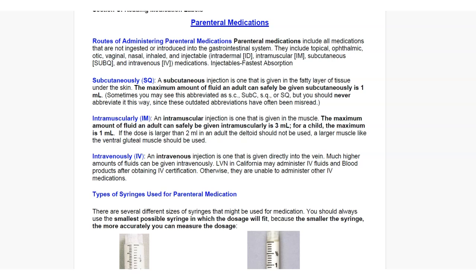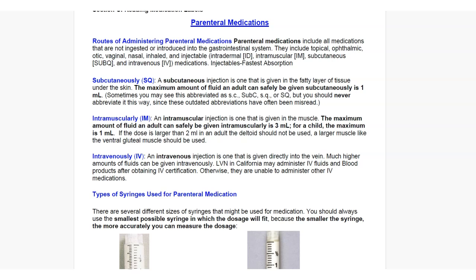They include topical, ophthalmic, otic, vaginal, nasal, inhaled, injectables, intradermal, intramuscular, IM, sub-Q, IV. Know that injectables are the fastest when it comes to absorption. So if you want something to work right away, then injectables would be the right route to choose.